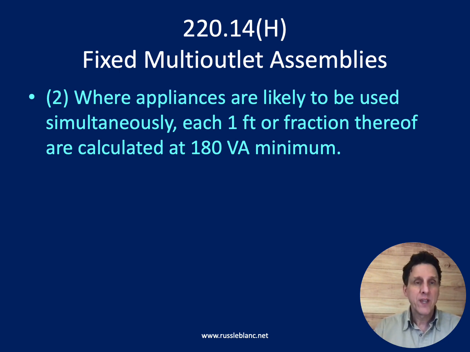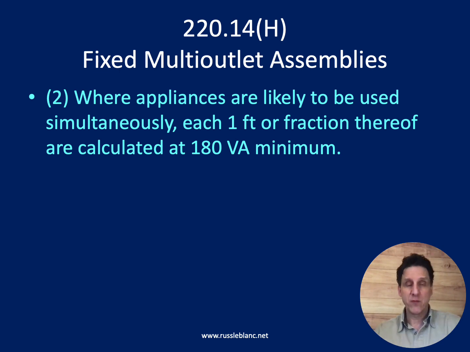So for example, if I had 1 foot plus 1 more inch, well, that 1 inch is a fraction of 1 foot. So that first 1 foot gets calculated at 180 volt-amps, and then that next 1 inch also gets calculated at 180 volt-amps, because that's what it says. It doesn't say a major fraction of a foot. In that case, it would be 6 inches, right? So it's 1 foot, and then if it was 6 inches or more, that next 6 inches or more would be calculated at 180 volt-amps.